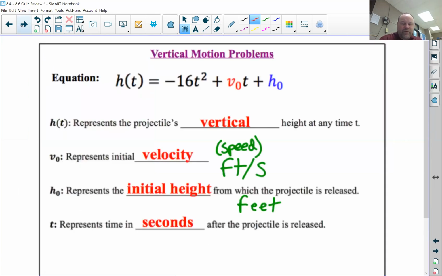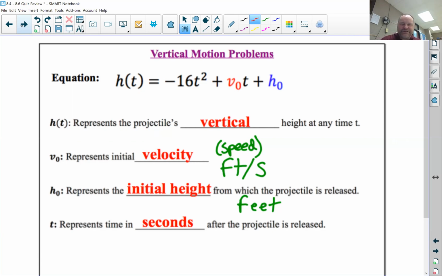Then we have our vertical motion problem. And here's where I said, this is the one time where we had feet per second, and it was not a linear model, but we had other things as well, and that's why it's not linear. So we have our height, h of t, that just represents the vertical height at any time t, equals negative 16t squared.